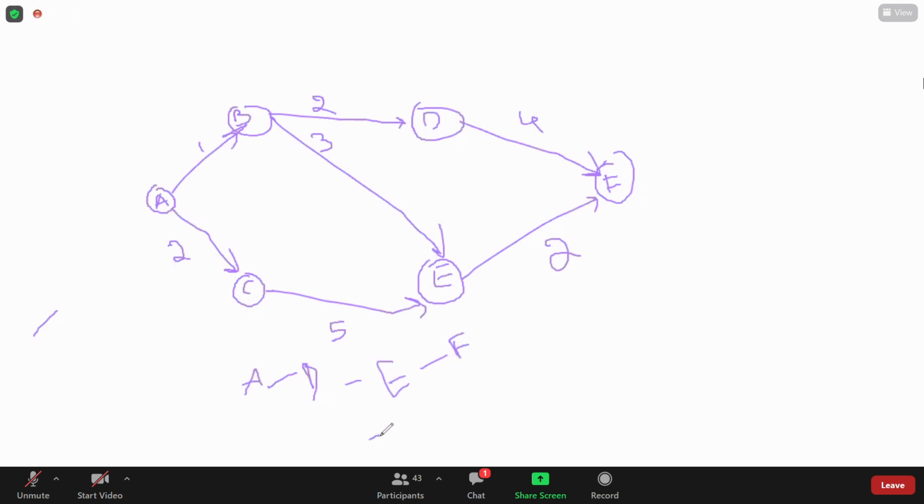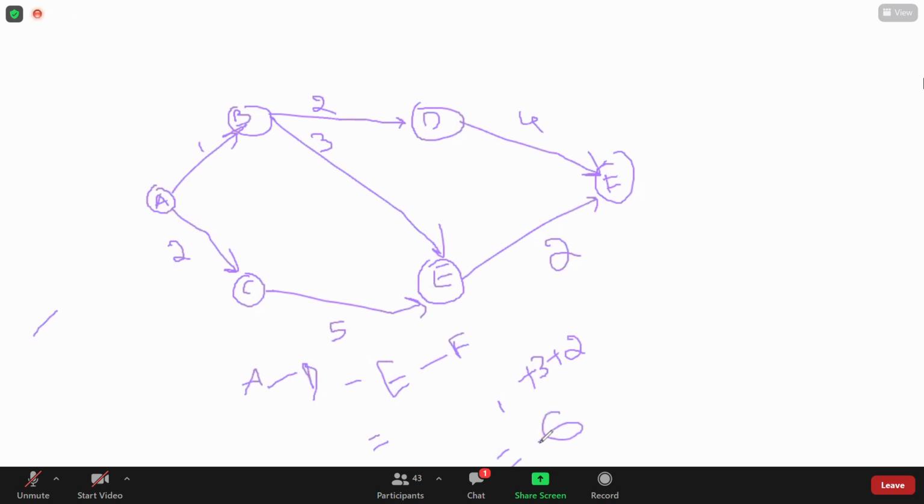So what is the cost you are getting? First E to F we have calculated as 2. Next B to E is 3, so 3 plus 2, and A to B is 1. So 1 plus 3 plus 2 gives me the cost as 6. Is it clear, all of you?